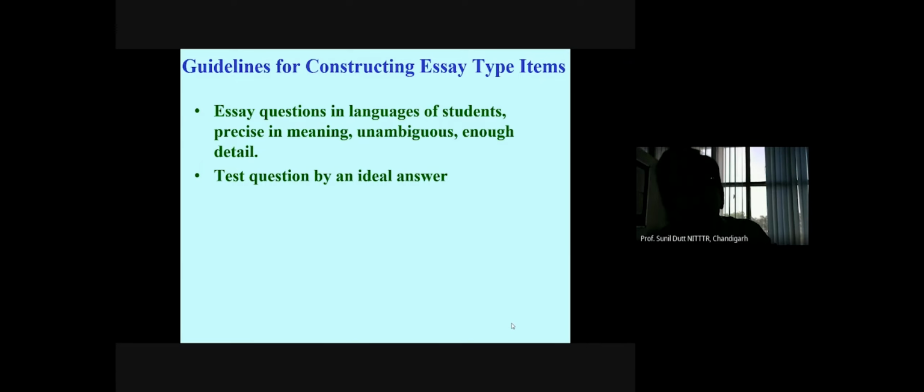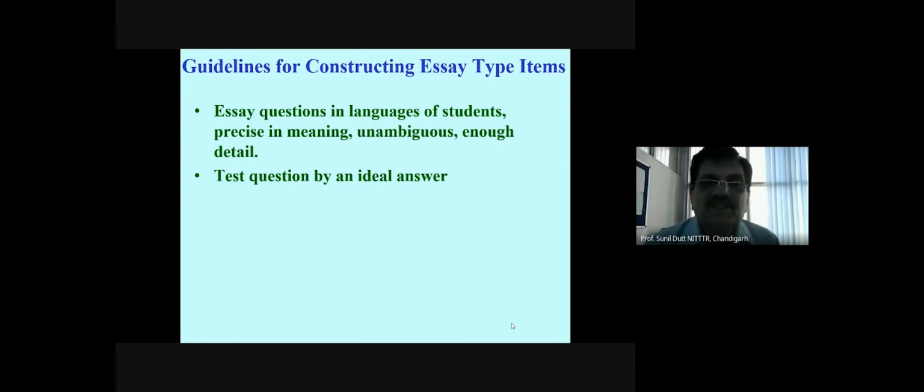So this will have a check on the quality of answer or the scope of the answer to be given by the student. Or you can discuss with your colleague that I want this kind of response from my students, whether the statement of the question would indicate that particular response or not. So you can discuss with each other.